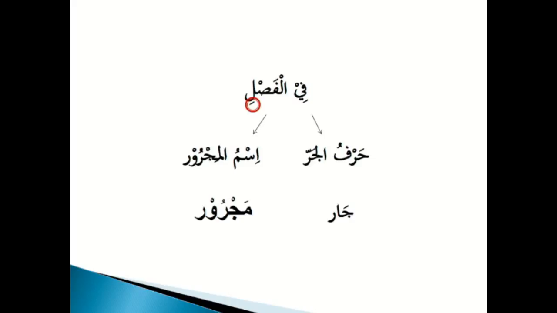So now we go into exercise 5.1, harf al-jar and ism al-majroor. And this goes up to about page 20. We'll start it now and we'll go up until 10.2, and then the rest will be done for homework.